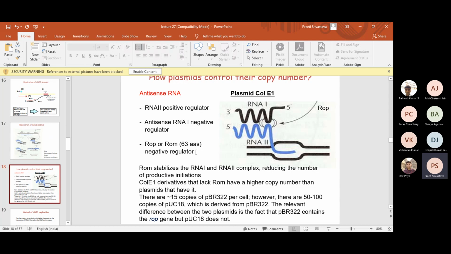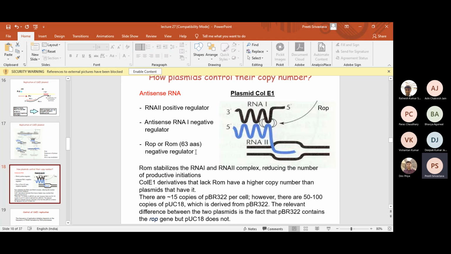What people have shown is that this ROM protein functions by stabilizing the RNA1-RNA2 complex. The moment the RNA1 and RNA2 complex is stabilized, the number of initiations will be reduced, so it will result in inhibition of replication.